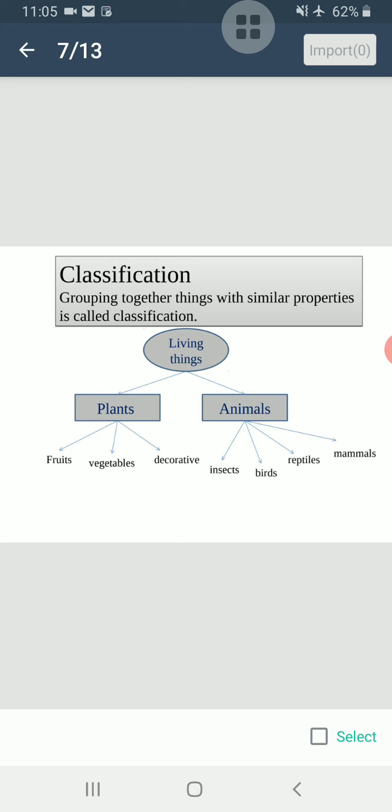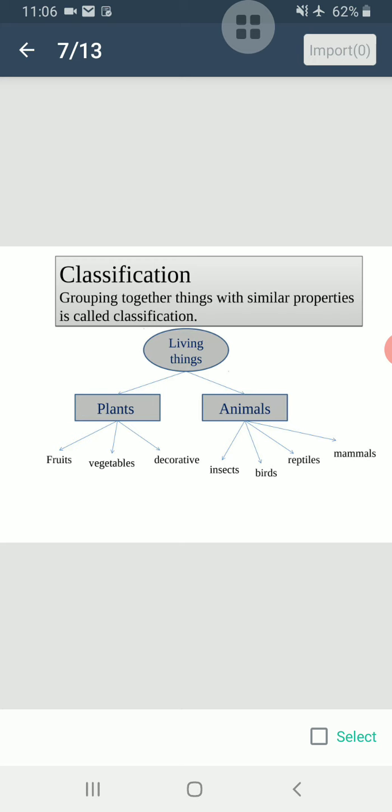Although living things share some common properties, they differ from each other in several ways. Living things are further classified into subgroups such as plants and animals. Each of these can be further classified based on certain properties.